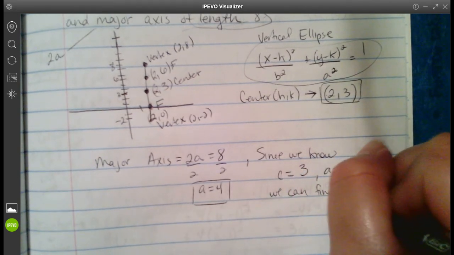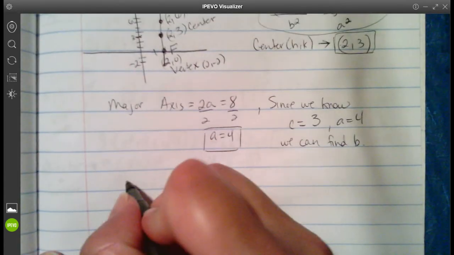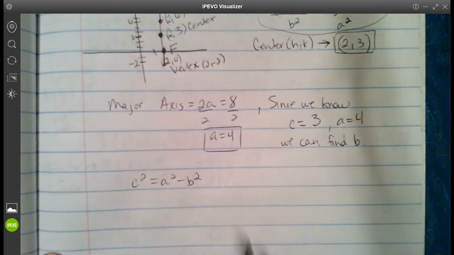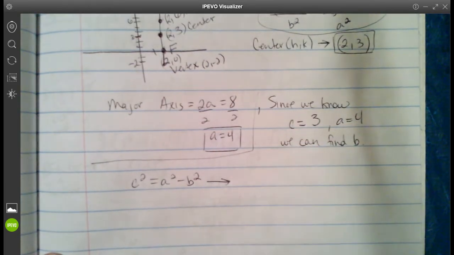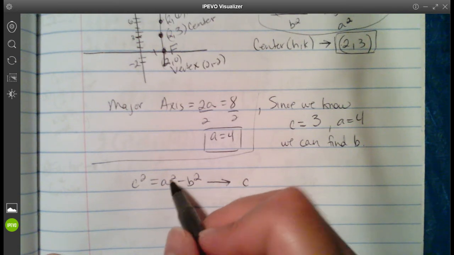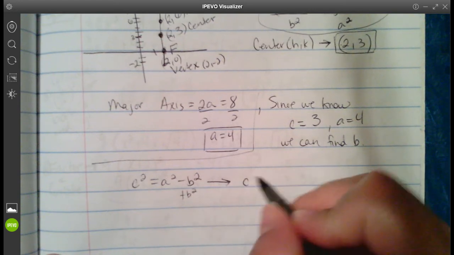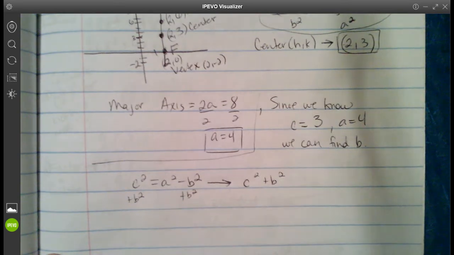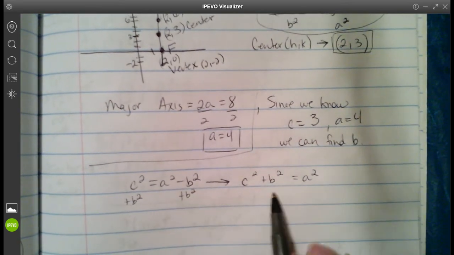we can find b. Let me write my formula: c squared is equal to a squared minus b squared is the one we're going to use. I want b, so I'm going to solve for b. If I move the b squared, then I'll have c squared plus b squared is equal to a squared. You can do this if you want to follow the steps. That makes my b squared positive.